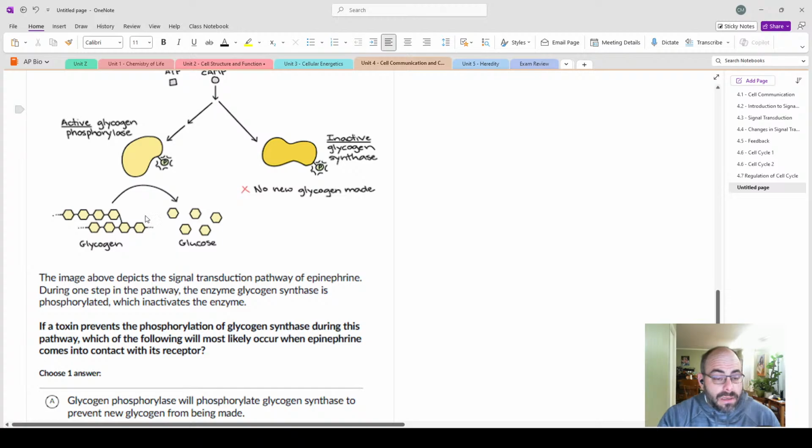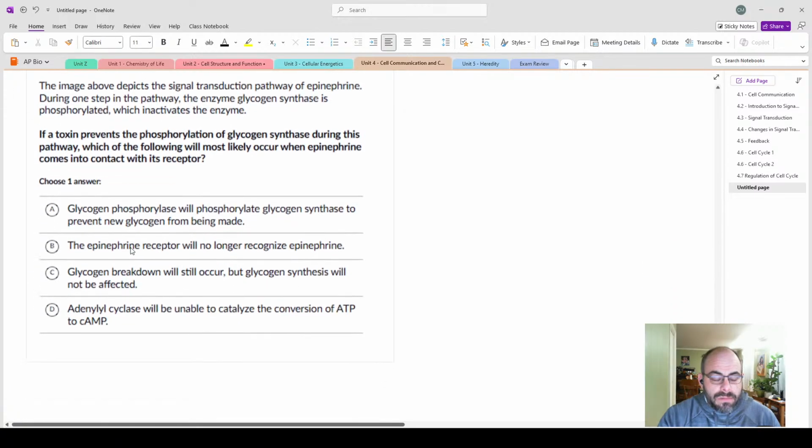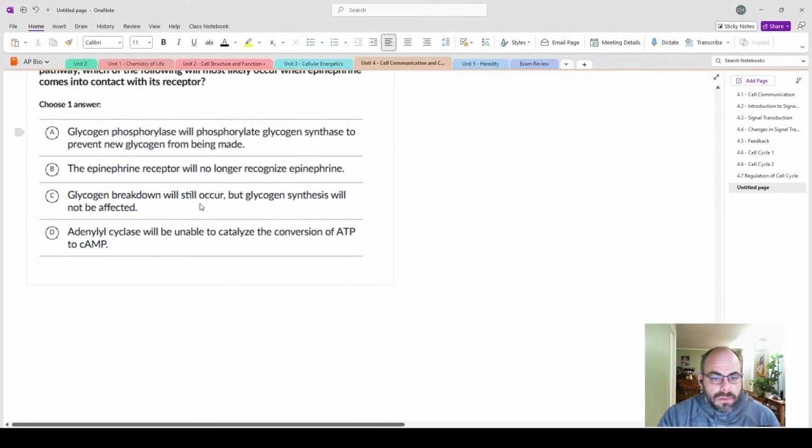That means that if glycogen is not breaking down into glucose, then it's going to stay glycogen, right? It's going to stay here. This isn't happening. It's staying right here. Let's go find that. Nope. That's the opposite. Don't even know what that means. And look, this has nothing to do with anything. It's like just a distractor.